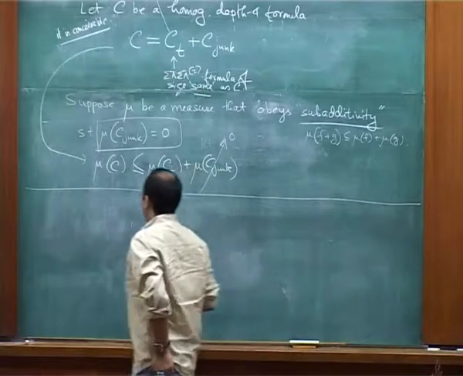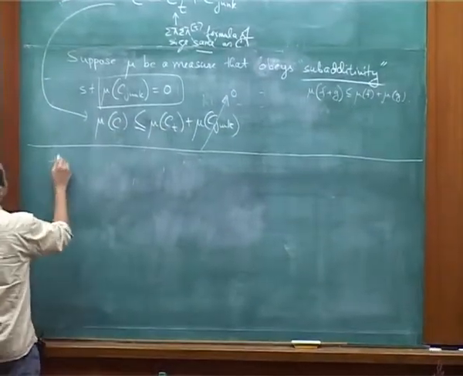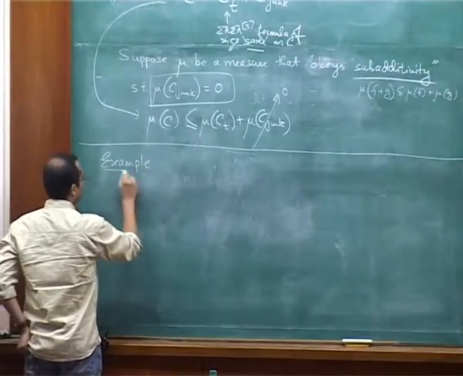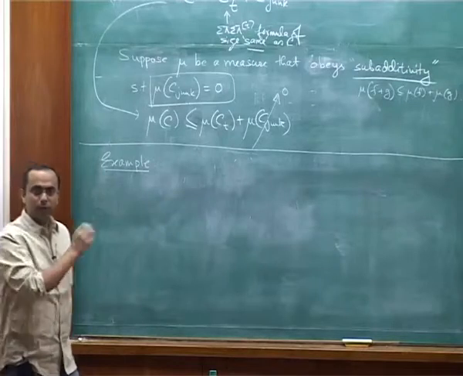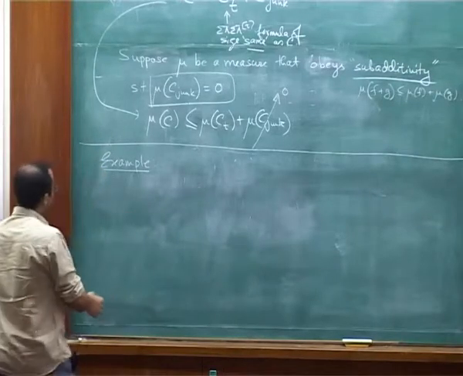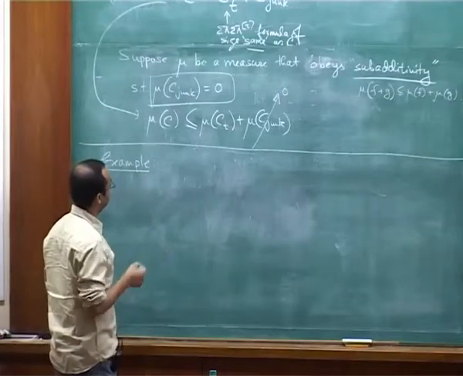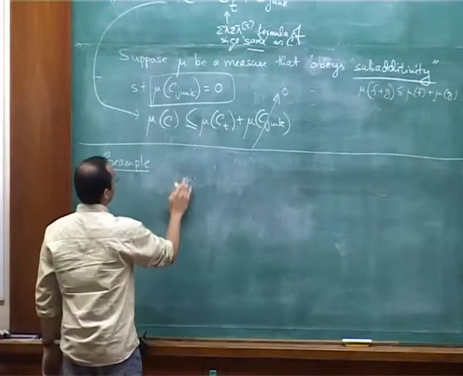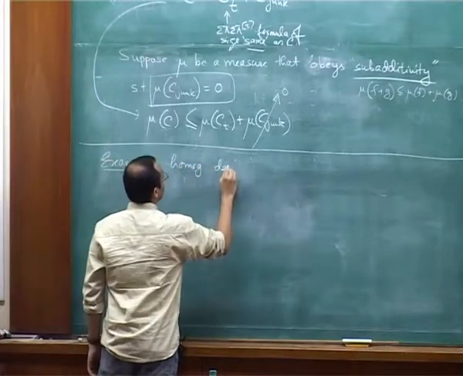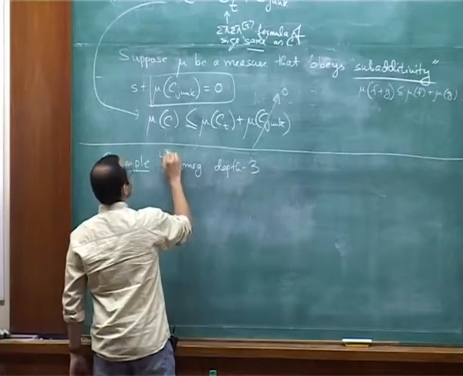To understand this, I think the best thing to do would be to understand it with an example, the same example which actually led us to a proper mu that works. The example has already been covered by Neeraj in his talk and Srikant in his talk. It's the lower bound for homogeneous depth-3 circuits.